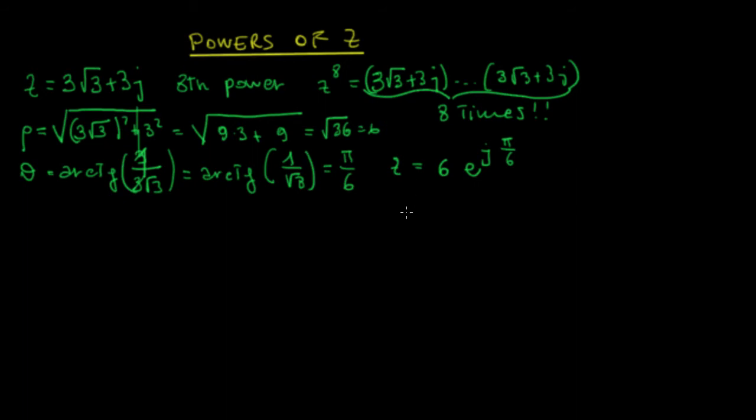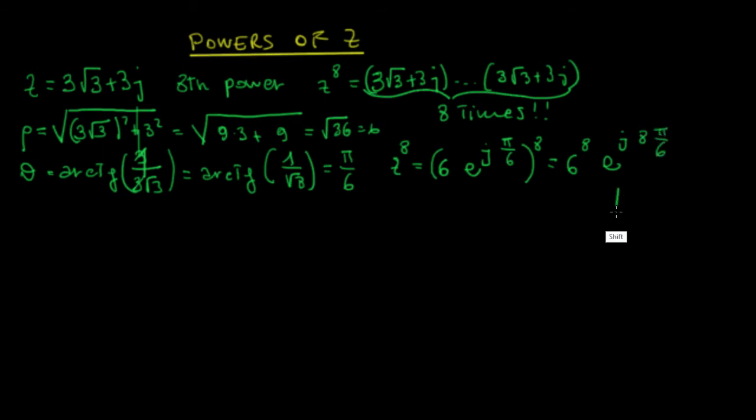What if we had to evaluate the eighth power? So z raised to the eighth is the same as raising to the eighth this exponential form, and using the properties of the exponential form, what we get is 6 raised to the eighth times e to j, 8 times pi over 6.